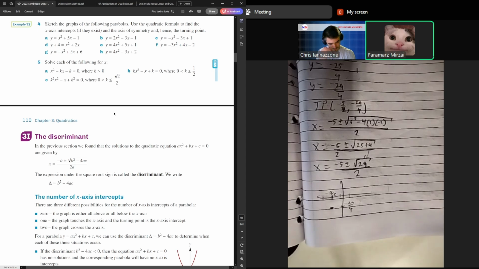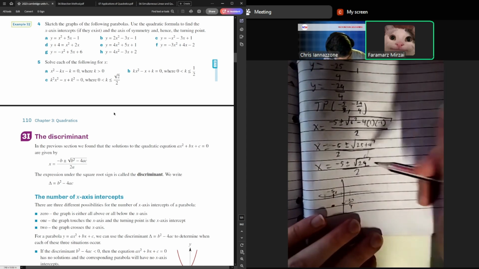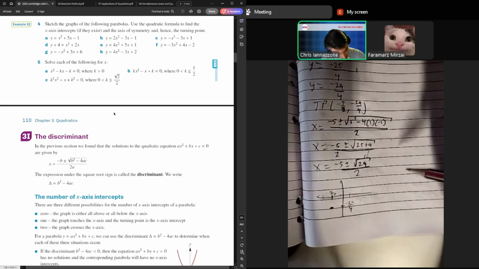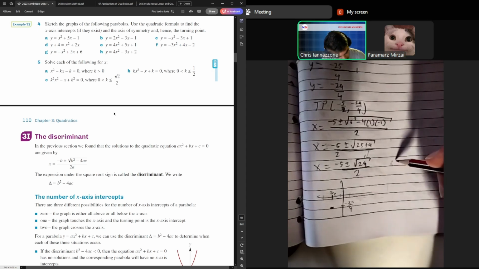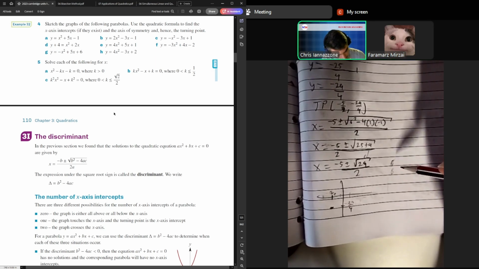That would be on the positive side. Positive side? Okay, why is that? Because let's say it's negative 5, negative root 29 over 2. The square root of 29: well, 5 5s are 25, and 6 6s are 36, so you know it's somewhere between 5 and 6.